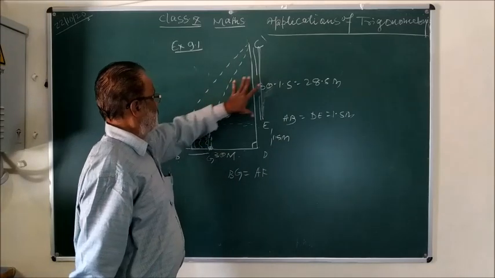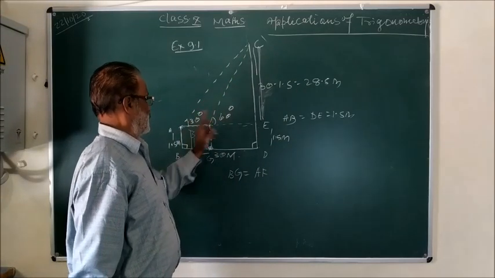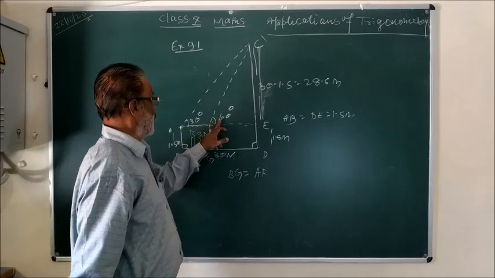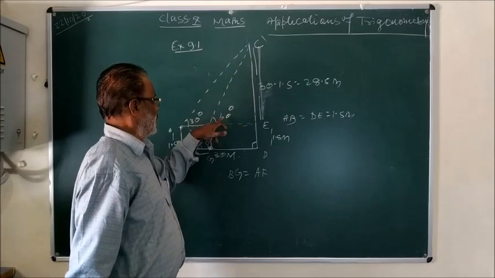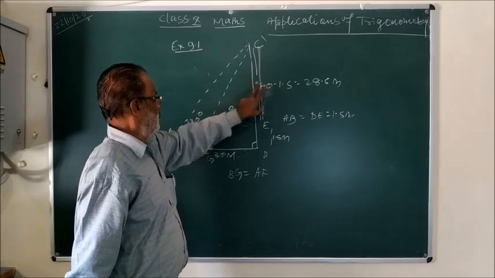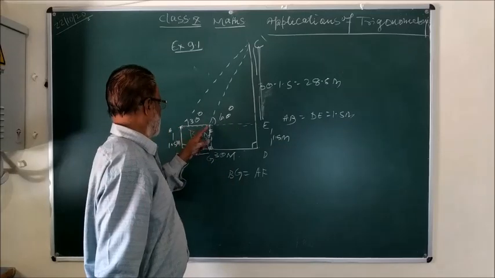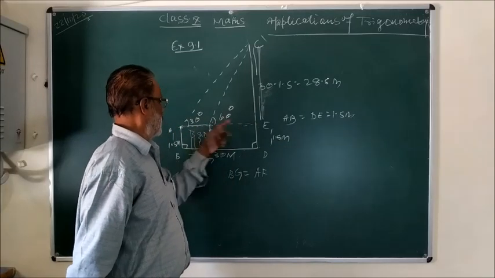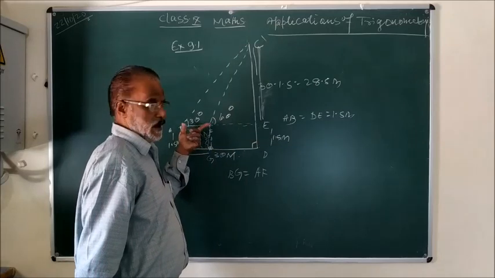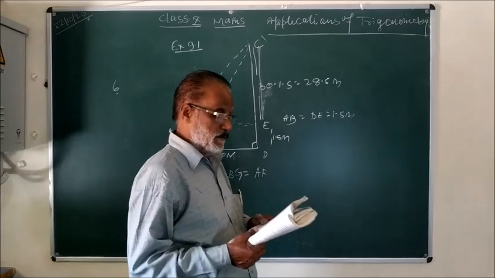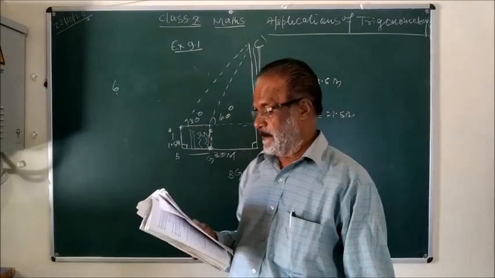So tan 30 is P by B, find AE. You find the value of AE, and in this angle you find tan 60 is P by B. You will find FE, and you subtract FE from AE, that will be AF, and this is equal to BG, and that will be the distance traveled toward the building.